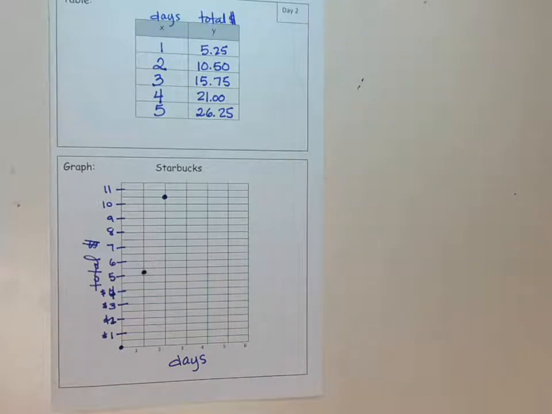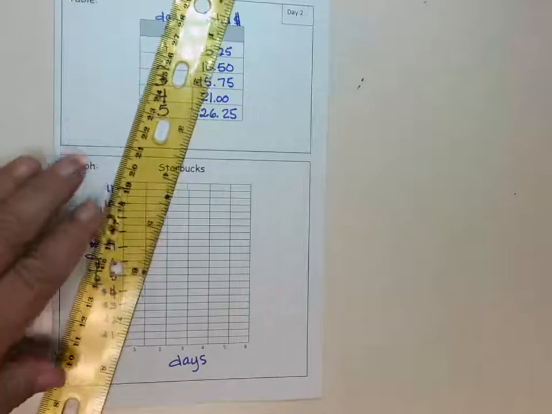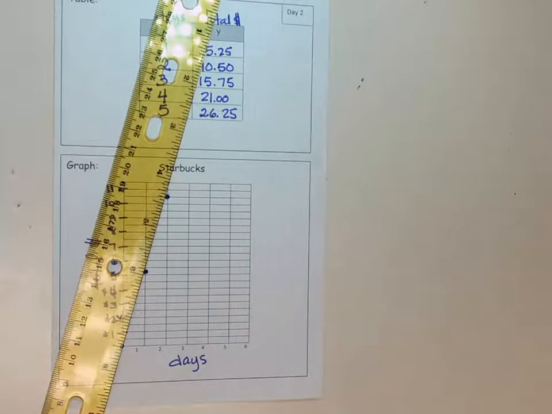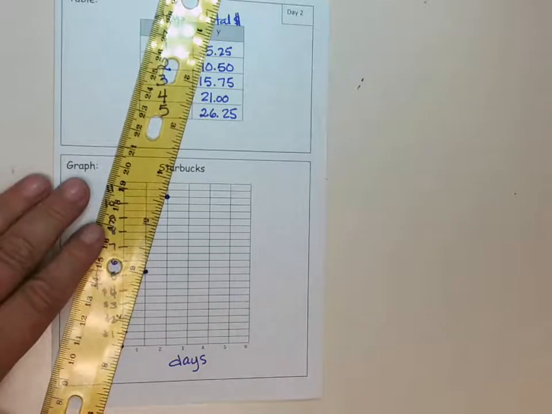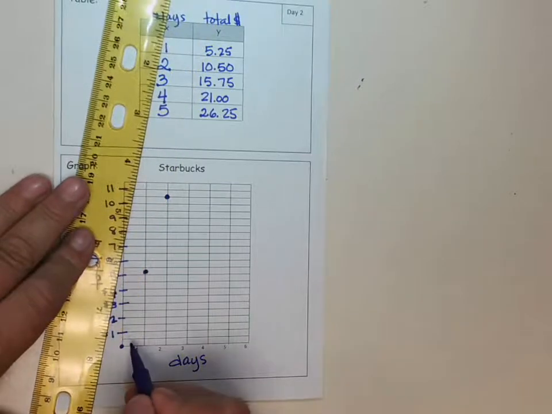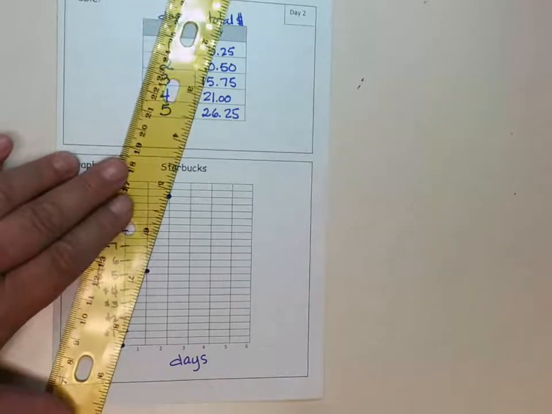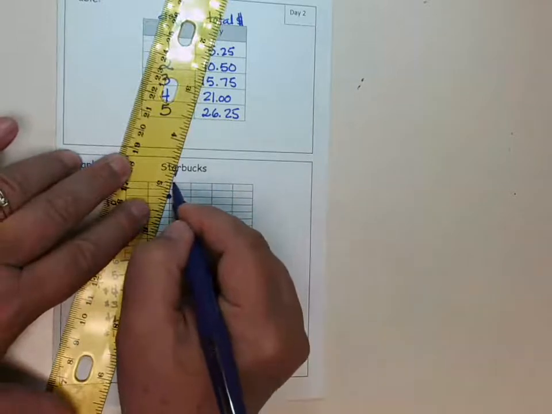So when I create my line, if it's a solid line, I would be able to go half a day and half a drink. I can't pay for half a drink. So it has to be a dotted line because I cannot do halvesies. Right?